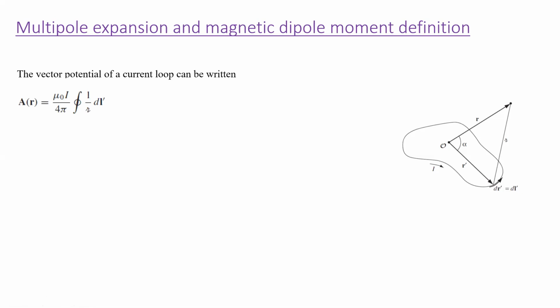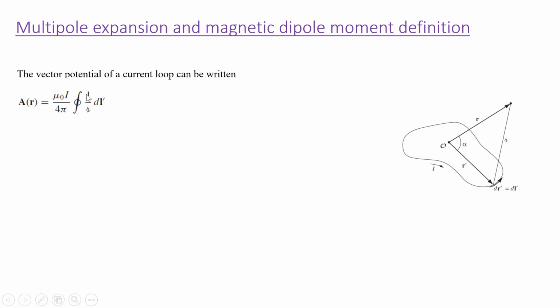Okay, so from the last lecture, we found that the vector potential of a current loop can be written in this form, mu naught I over 4 pi. Makes sense that this is a standard magnetic constant. Makes sense it's proportional to the current.